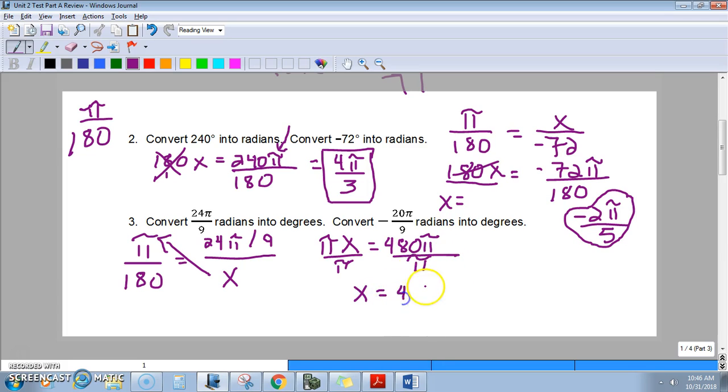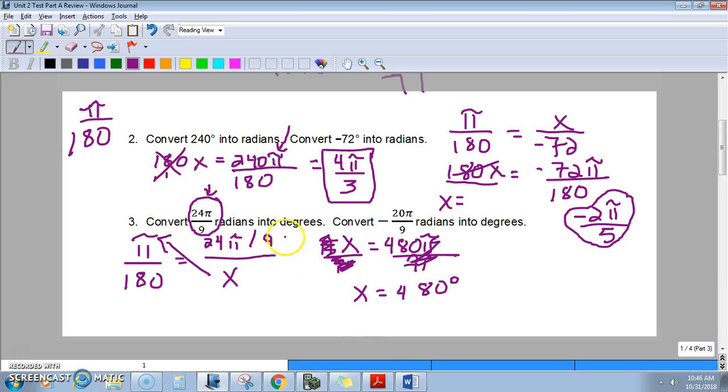It's the same thing. When you're going to degrees, you'll be able to recognize their degrees. They're not going to have pi. And it's larger than once around the circle, right? It's 480 degrees. And because our radians were bigger than 2 pi, you should have noticed that that was also going to go around the circle more than once, so you can quickly justify your answer in your head and make sure that you did it correctly.